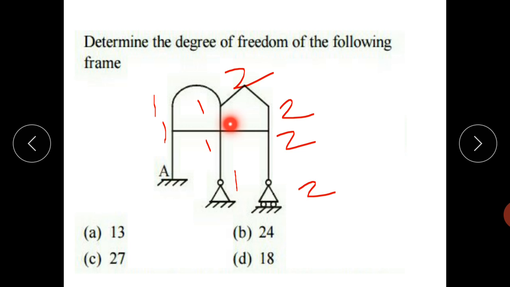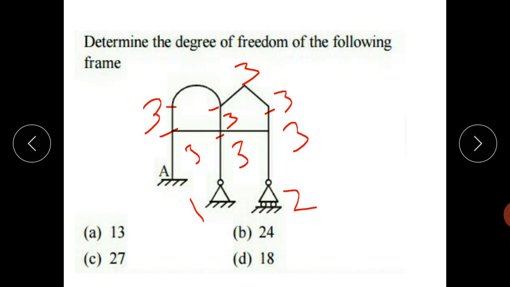Here actually it is 2, but we are counting it only once. Here only rotation, only rotation. So total count is 2, 4, 6, 8, 9, 10, 11, 12, 13. 13 is the DKI.